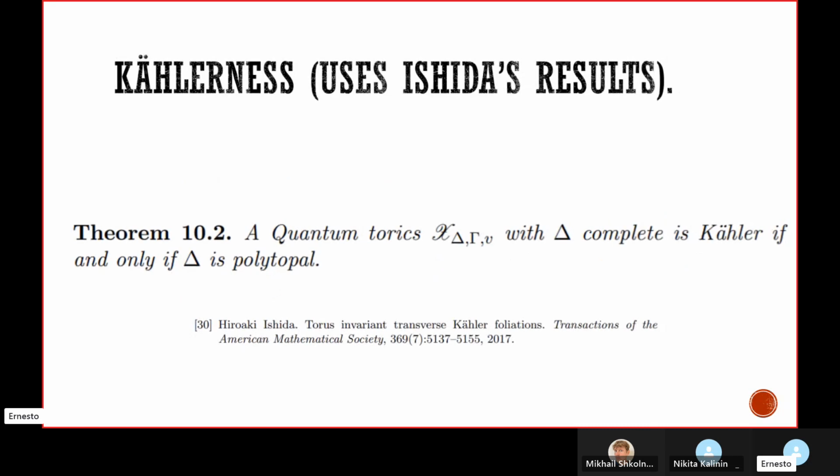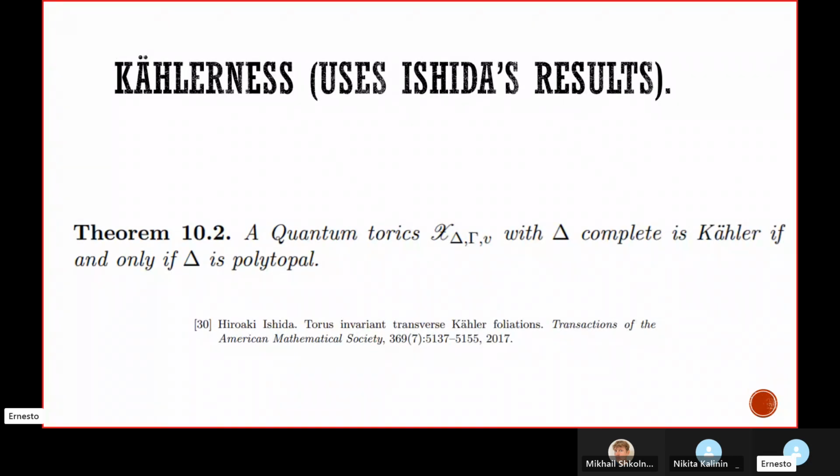This is the theorem, and it uses some deep results of Ishida. The quantum torics recovered from these LBM manifolds are exactly the ones that are Kähler as stacks, and exactly the ones in which the fan comes from a polytope.